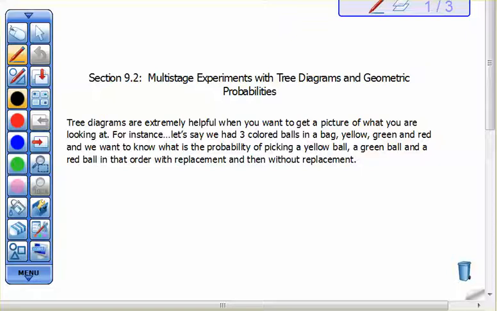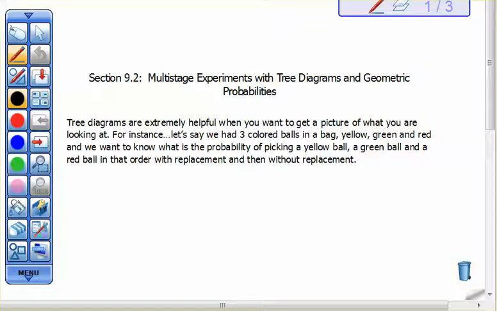Without replacement means that you want to reach in and pick out the yellow ball and then set it to the side and not put it back in the bag, not replace it. And then you only have two balls left in the bag, and now you want to reach in and pull out the green one and then set it to the side so that you only have one ball in the bag. Does that make sense, the difference between with replacement and without replacement?